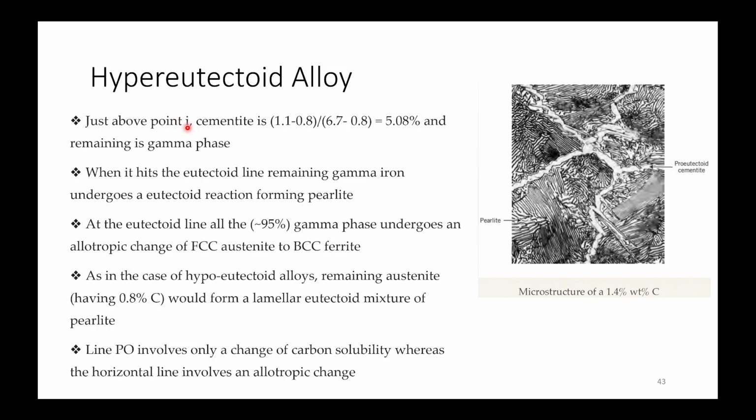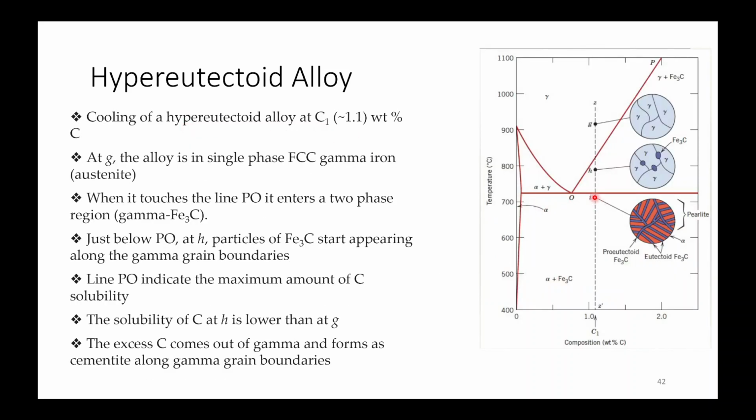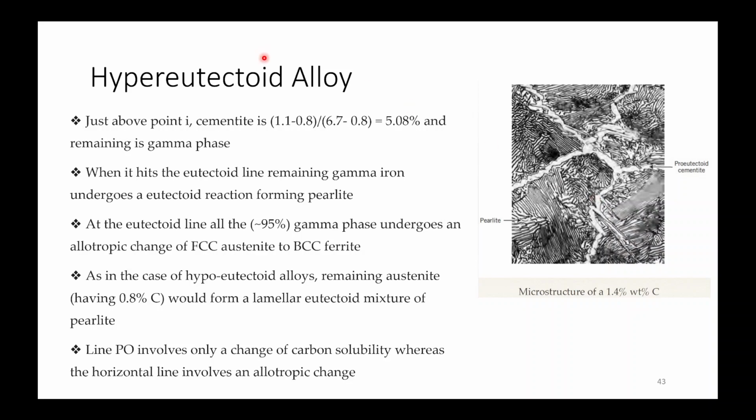And just above point I, your cementite will be 5.08% and the remaining is gamma phase. When it hits the eutectoid line, the remaining gamma iron transforms by eutectoid reaction forming pearlite, and at the eutectoid line all the 95% of gamma phase undergoes an allotropic change of FCC austenite to BCC ferrite.